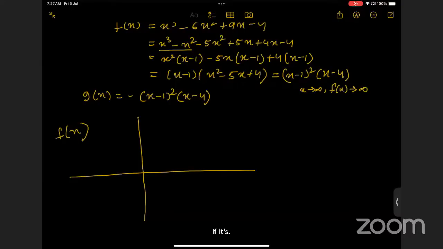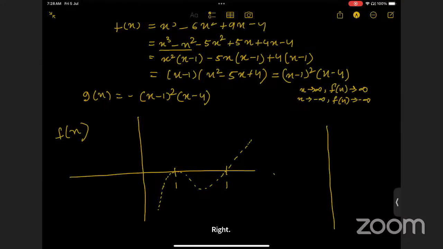And if x tends to minus infinity, then f(x) tends to minus infinity, right? So what will be the graph of f? Something like that, right? Similarly g is basically minus f, so it will be something like that, right?